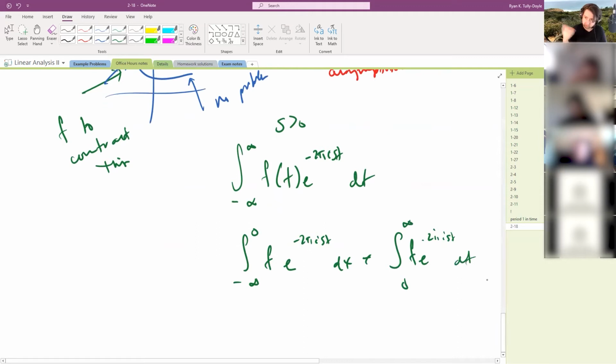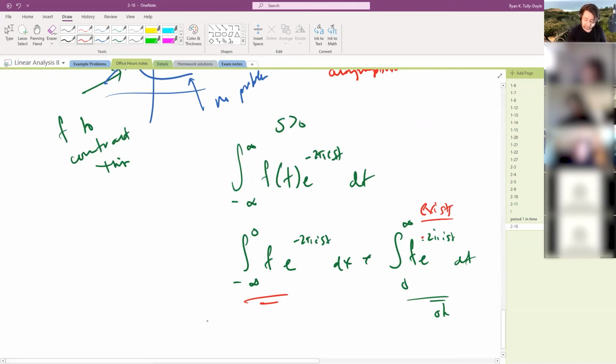If f goes to 0 as you go to plus or minus infinity, this is okay. F is going to 0, the exponential is going to 0. There's no convergence to check at all. That just exists. But for the other piece to exist, which is the only way the transform could make sense, the nasty part has to exist.